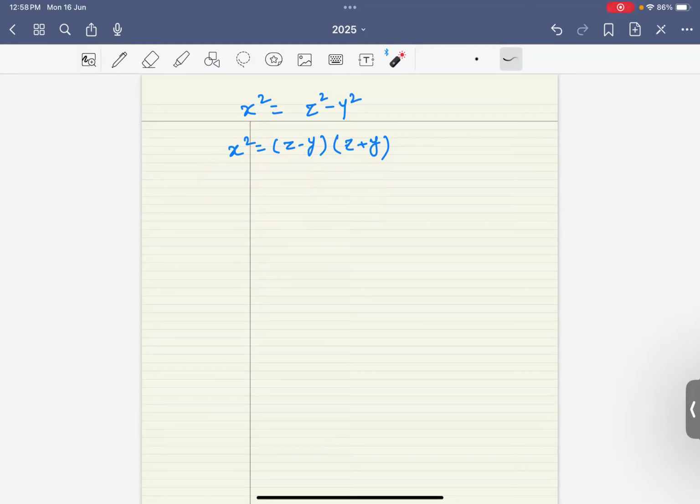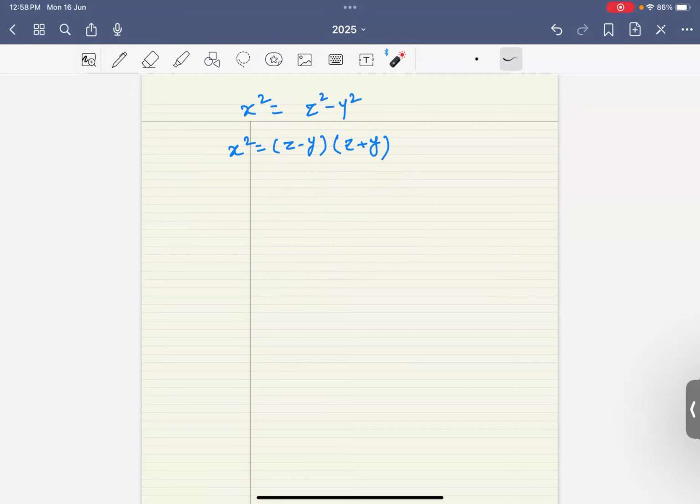But if we can prove somehow that these numbers are co-prime, which they're not at this stage, and if their product is a perfect square, then both these numbers must be perfect squares, because these numbers are co-prime. So the prime numbers that feature here will not feature here, right?